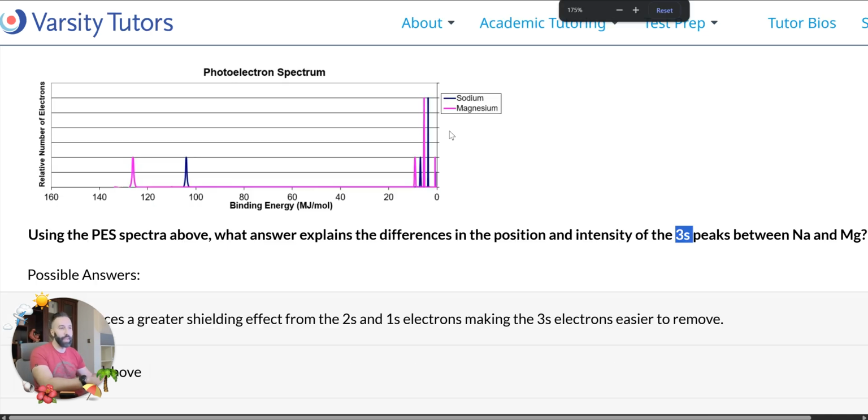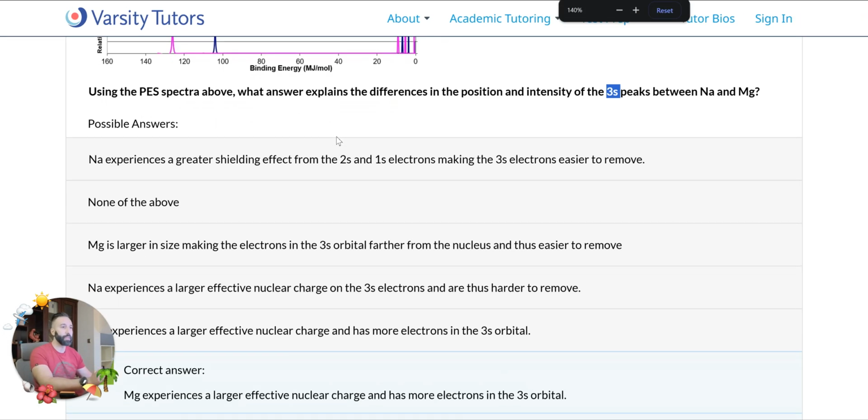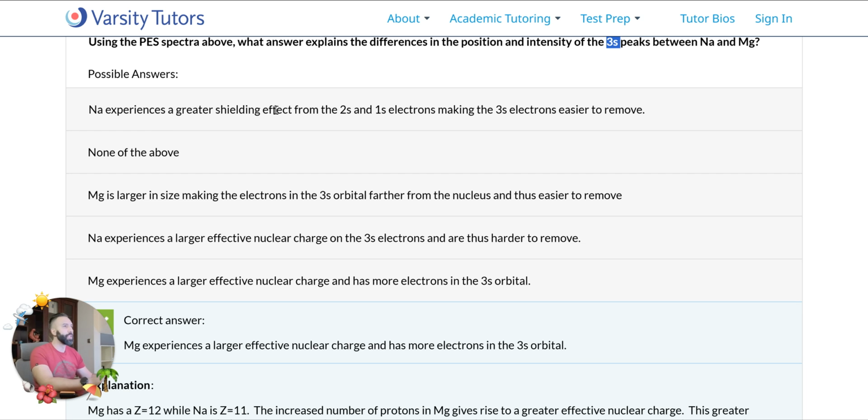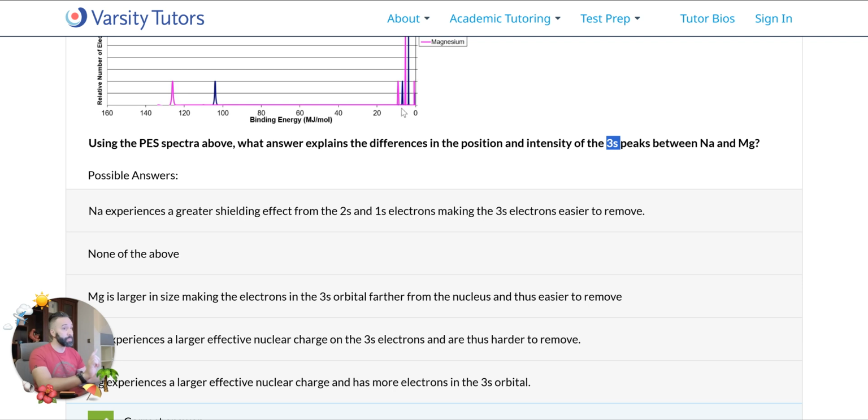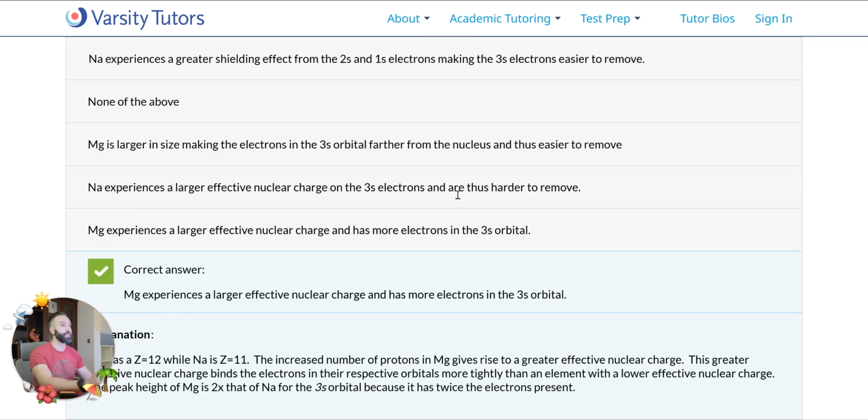So we need to find an answer that explains that. Greater shielding effect. There is a shielding effect, but that doesn't explain anything here. They're asking why they are different. That is the answer to why the difference is smaller, but they're just asking us about 3s. None of the above. The Mg is larger in size, but this doesn't have anything to do with size.